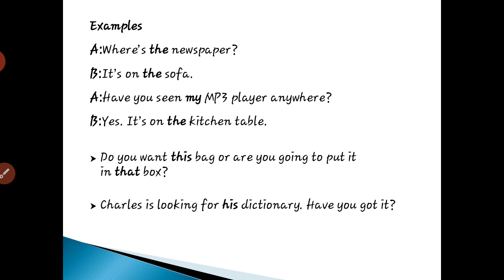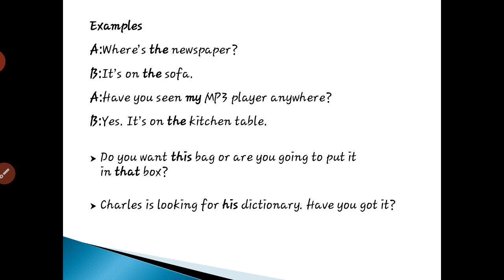Then the second article, that is also the, is related to sofa. Then my is referring to the speaker. Then once again the is related to that kitchen table. Then this is referring to bag, that is referring to box. Then in the last sentence, his is referring to Charles.